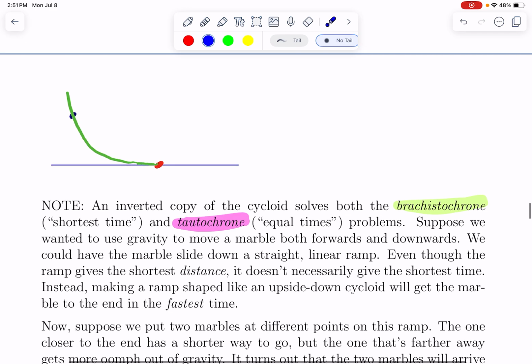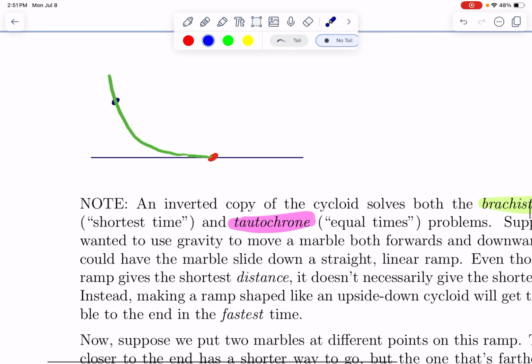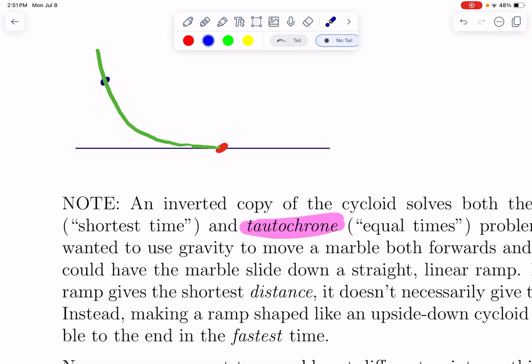And then what also is satisfied by this curve, which is less obvious. If on this curve I had a second point right here, and I released them at the same time, this one has a shorter distance to go. So you might think it always has a head start, and this blue one will always be behind it.